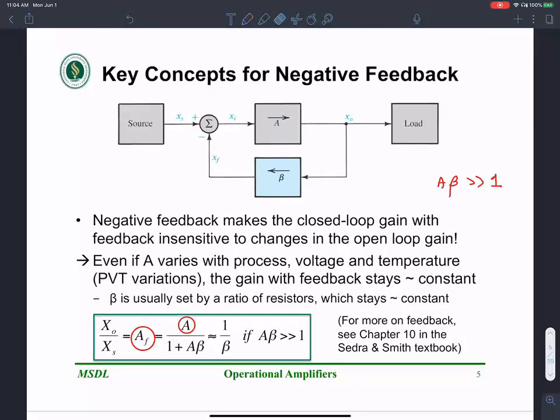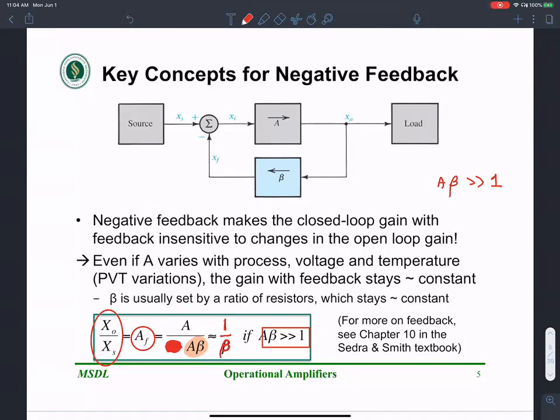The assumption I'm making is that if A beta is really, really large, then 1 plus A beta can be approximated as A beta, so I can neglect this 1. If A beta is much larger than 1, then the overall closed loop gain is 1 over the feedback factor.